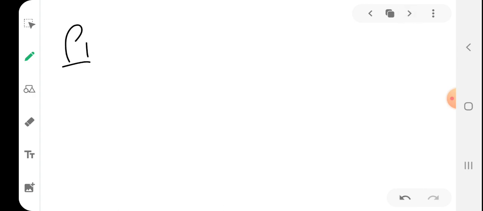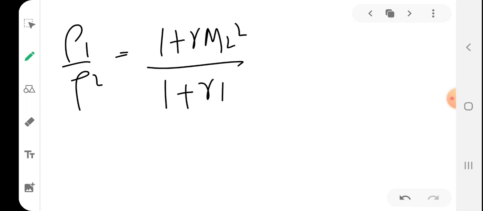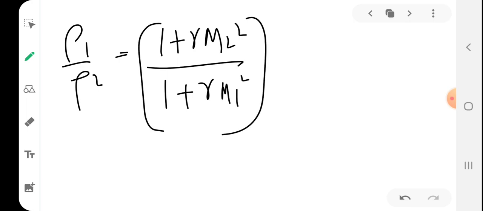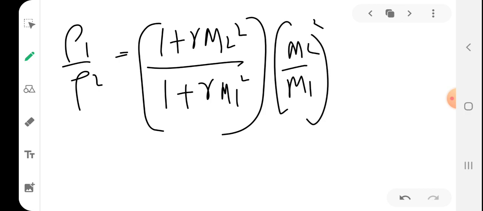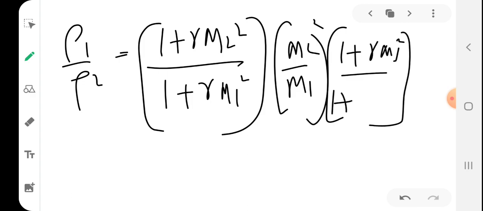P1 by P2 is 1 plus gamma M2 square by 1 plus gamma M1 square, and T2 by T1 is M2 by M1 whole square into 1 plus gamma M1 square by 1 plus gamma M2 square, whole square.